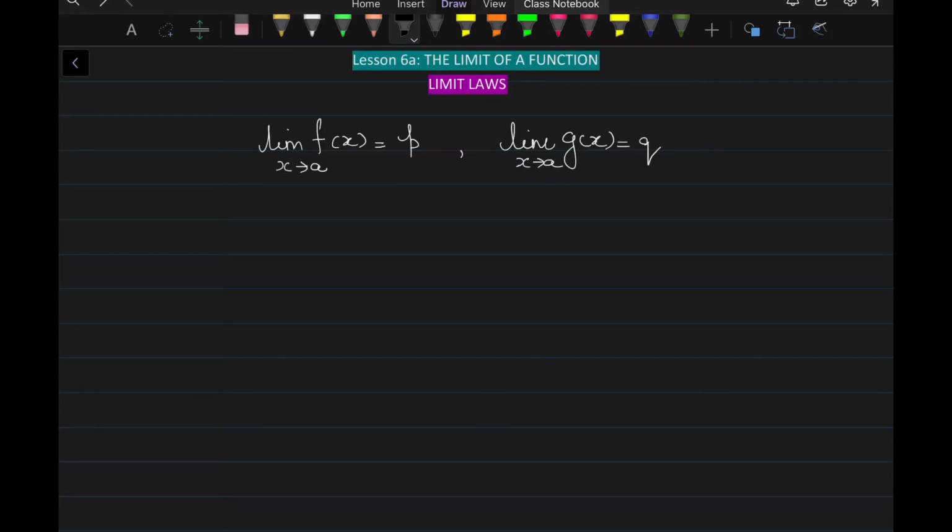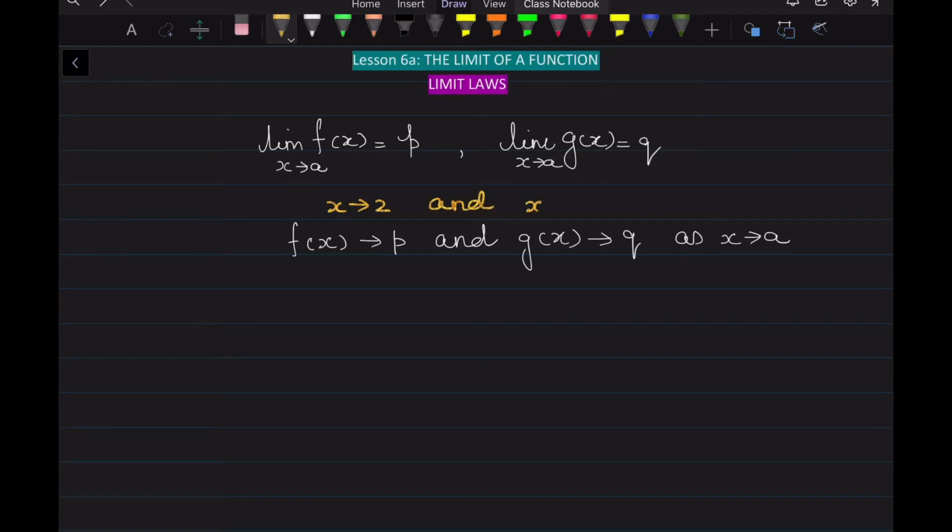Now we have been learning this for the past two lessons, and we know that f(x) approaches p and g(x) approaches q as x approaches a. Now just a few seconds ago we had seen in the graphical representation that for the function x approaches 2 and for the function x square approaches 4 as x approaches 2.